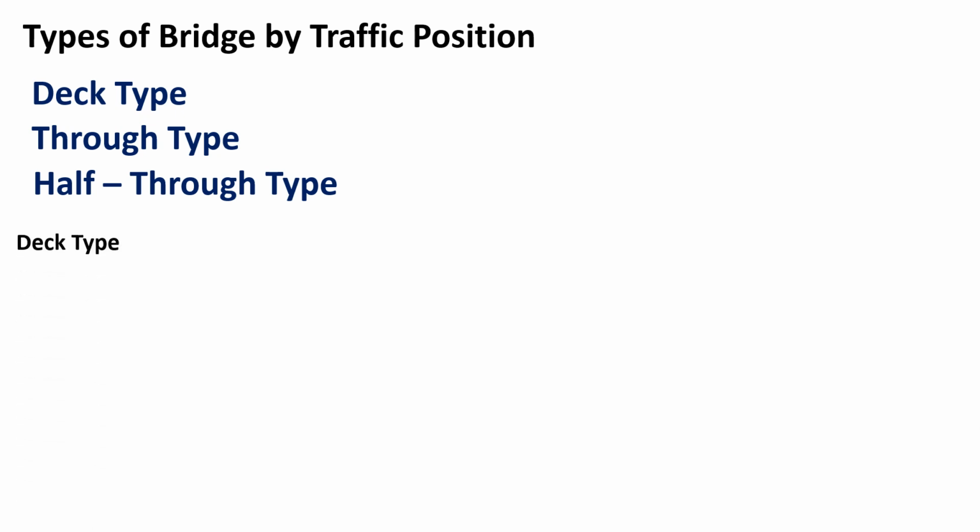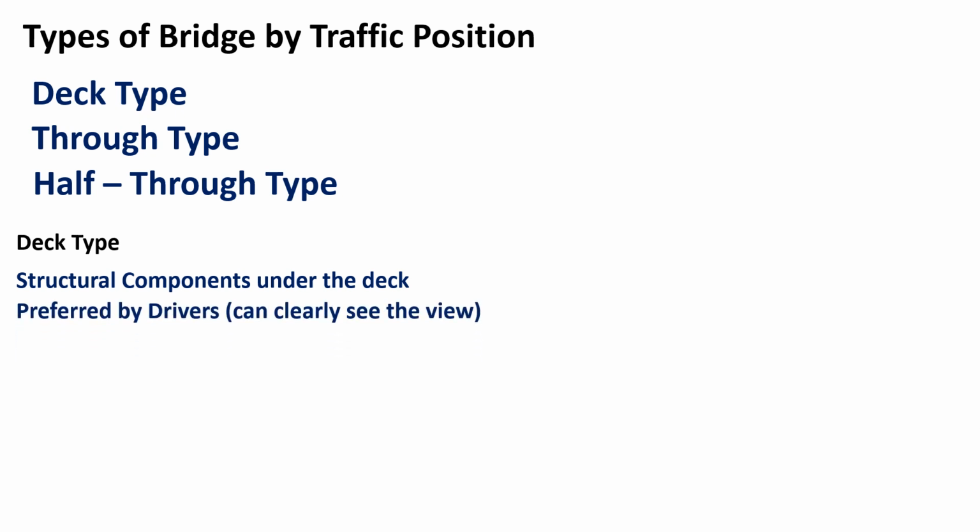Regarding now the deck type, under deck type, structural components are under the deck. And also, it is preferred by the drivers because they can clearly see the view. And with this deck type of bridge by traffic position, it requires space under the bridge.